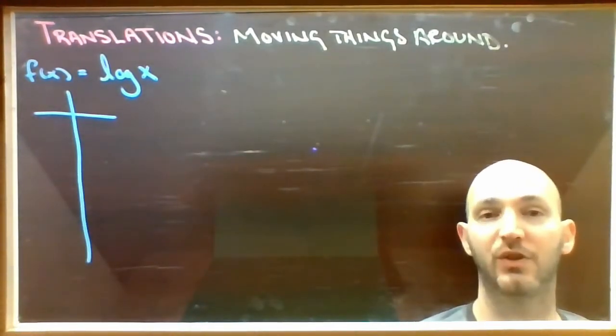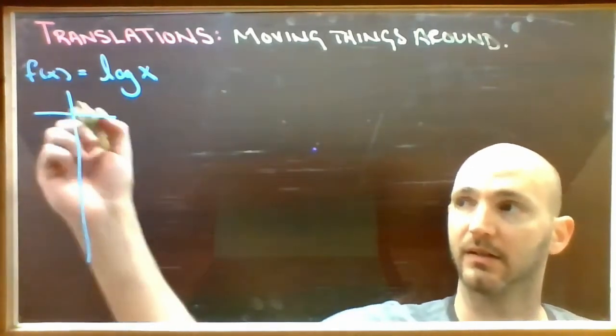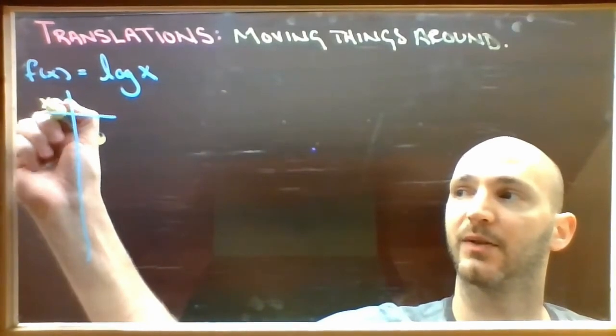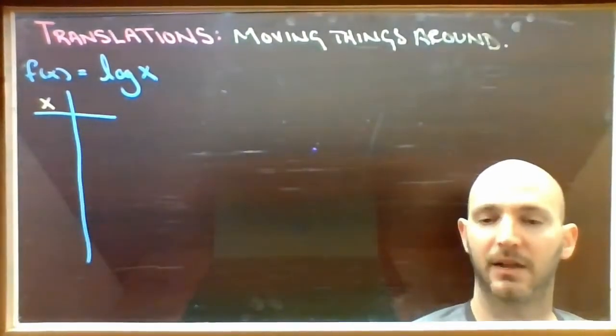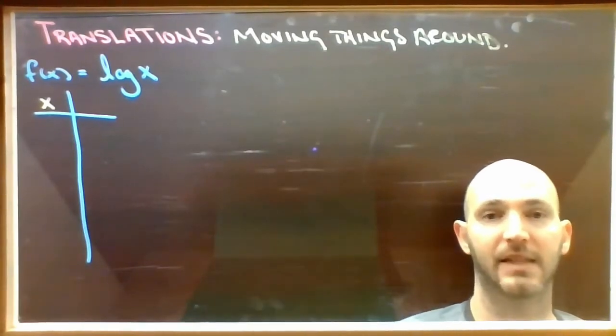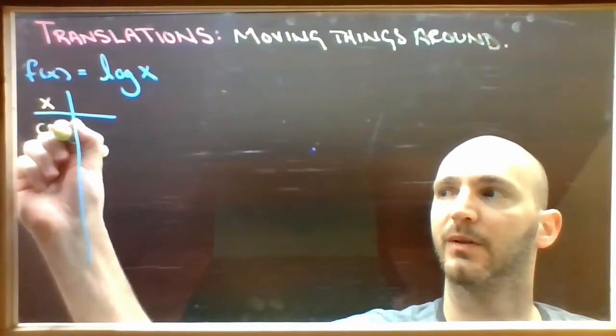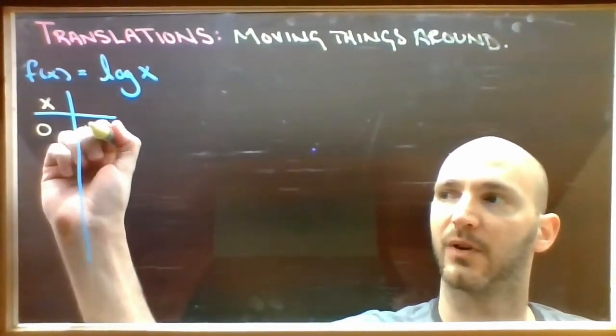So I'm going to choose some critical values for this x here, ones that will give me nice values for a logarithm. So the basic log has a vertical asymptote at x equals 0. So I'm going to write that in here, 0, and then there's going to be a vertical asymptote.